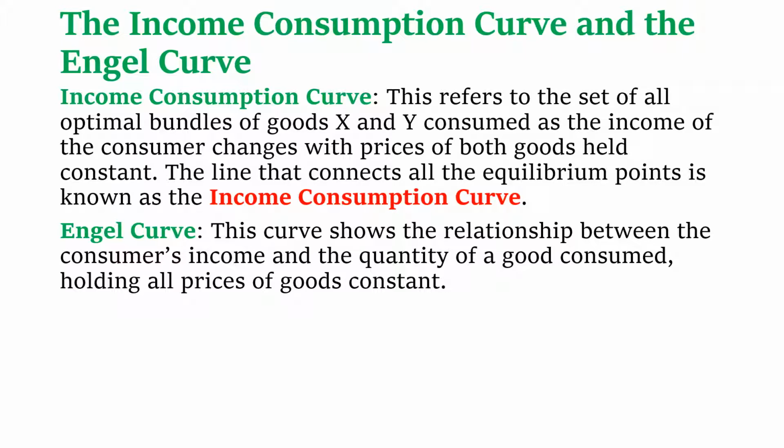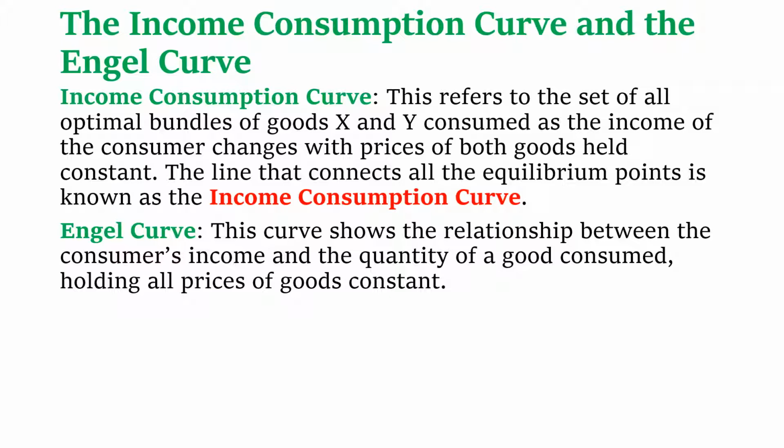Now, the Engel curve shows the relationship between the consumer's income and the quantity of a good consumed, holding all prices of goods constant. When we try to draw the Engel curve here, we are only going to look at the expenditure on a single good. So we are going to obtain the price quantity relationship here for only one good.